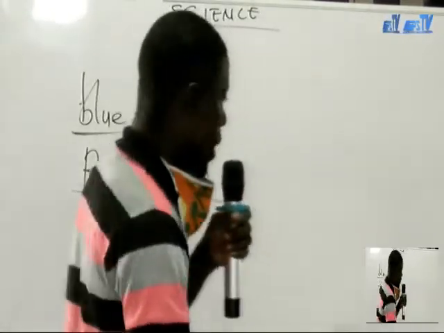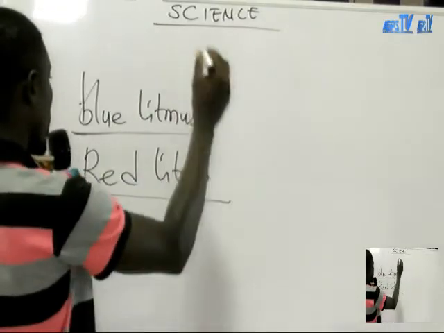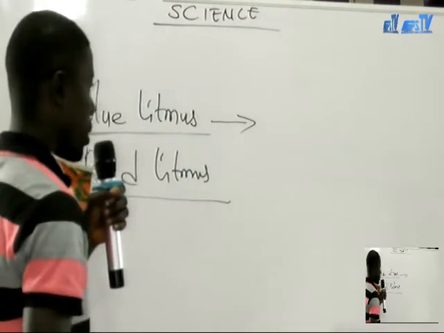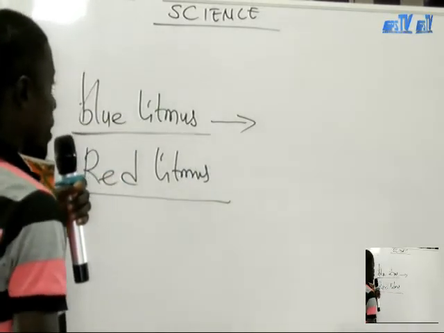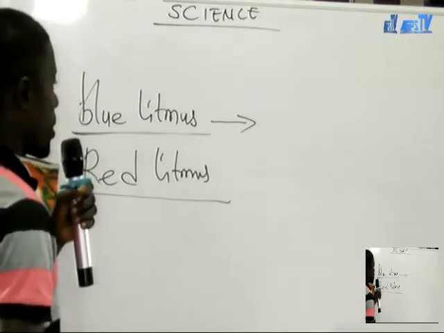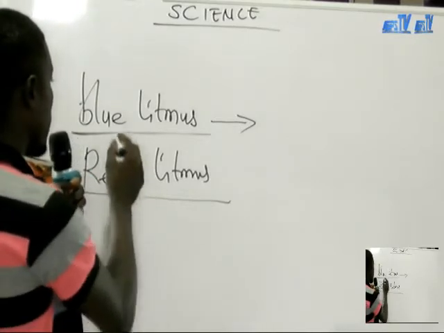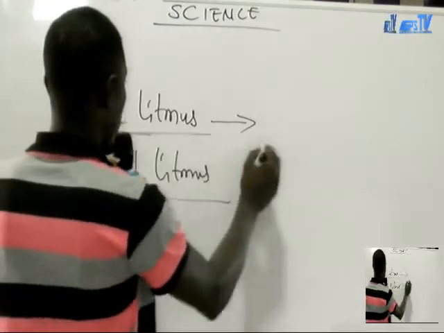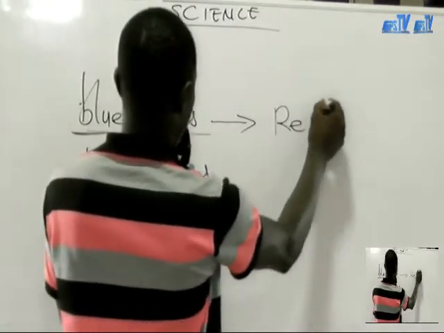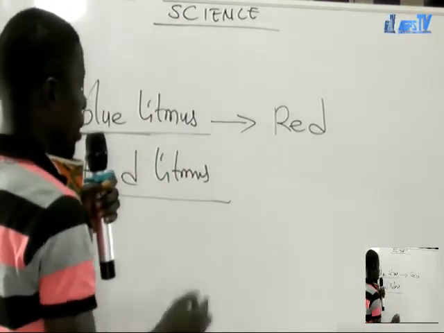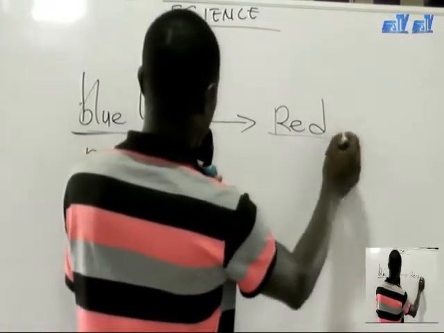If they dip this blue litmus paper inside any solution, and we don't know whether it is acidic or a base, then if the solution is acidic, the litmus paper will change from blue to red, which shows that the solution is acidic.